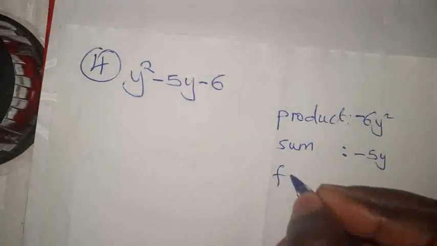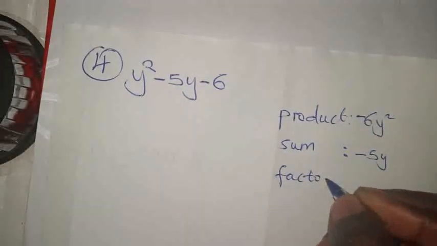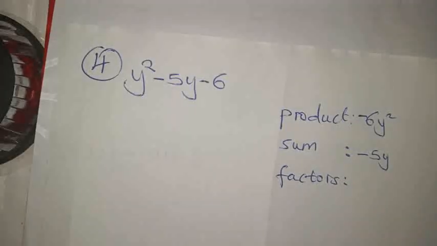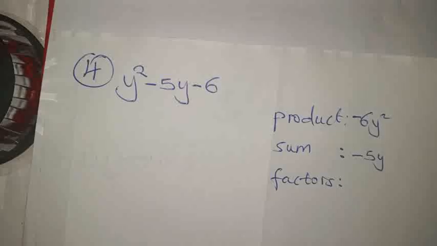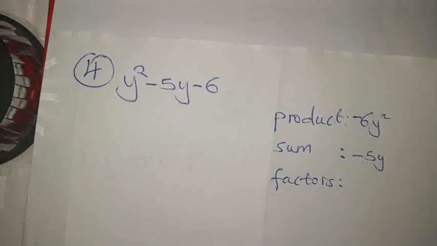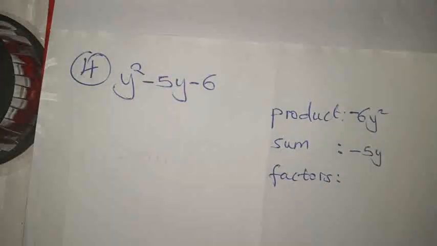Now for the factors, again, I find it to be, for learners, a bit challenging when it comes to factors, and that's the reason why this video is very important for you. So when you check here, two numbers, when you multiply them, should give us negative 6. When you add them, they'll give us negative 5.